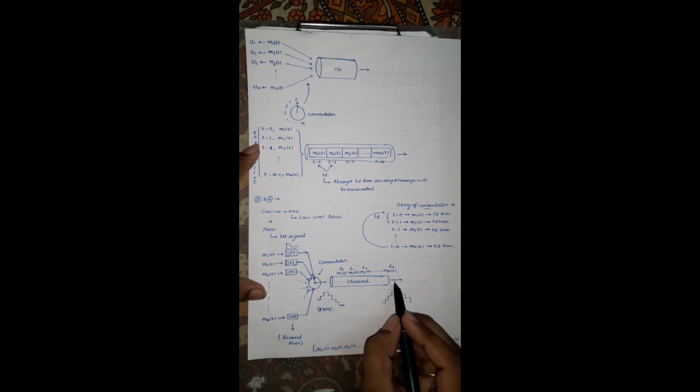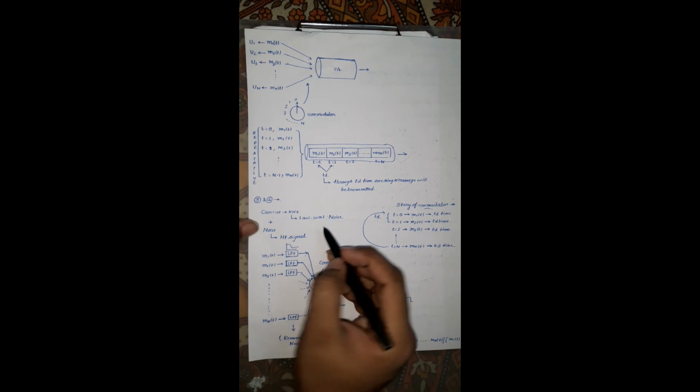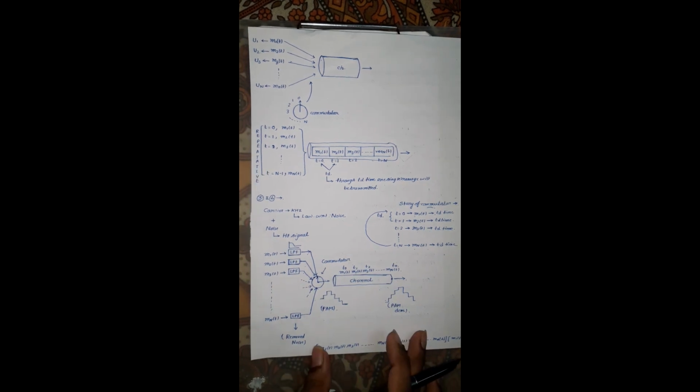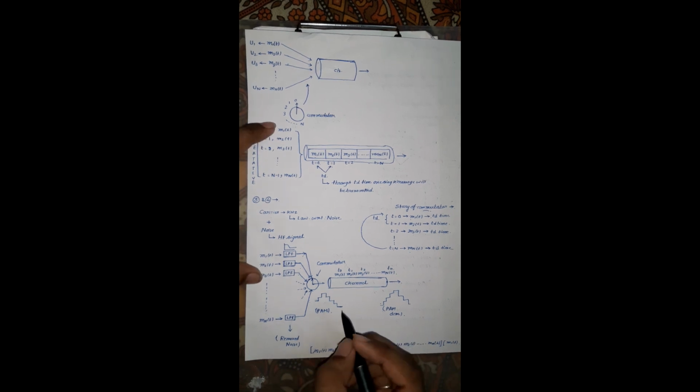Because here we have received the carrier, not the actual message. We need the original low frequency message, not the high frequency carriers. So the demodulation is being done in the receiver, just to retrieve the message, as modulation was done in the transmitter.